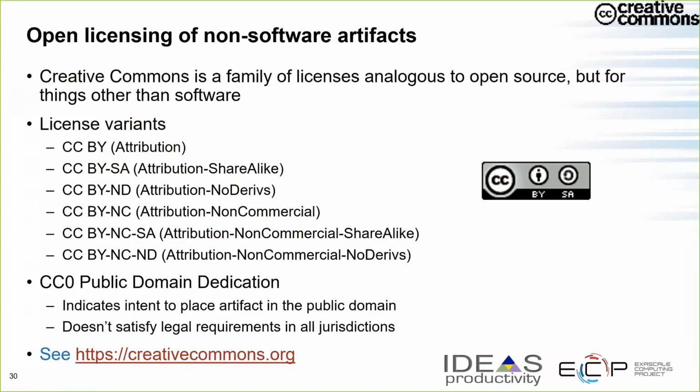But basically, any of these map to more or less permissive open source style licenses. There's also something called CC0, which is a way of saying I'm putting things into the public domain. Public domain is not well defined in all legal territories, so it may not be effective in all places.